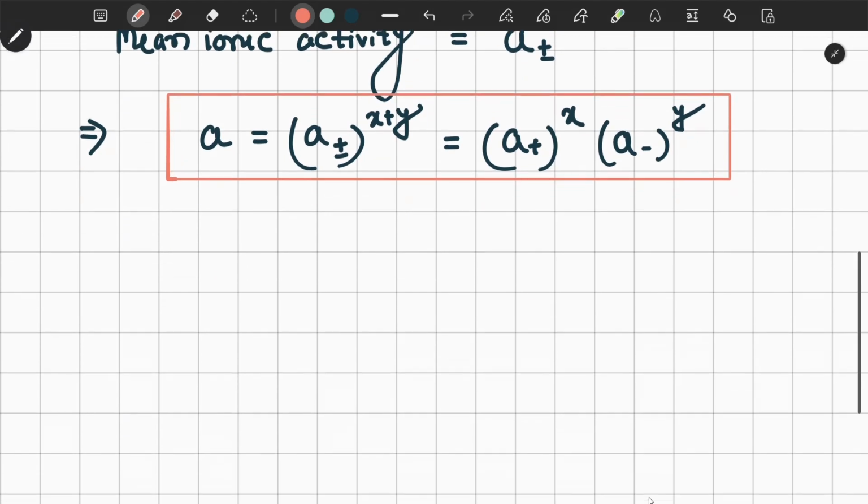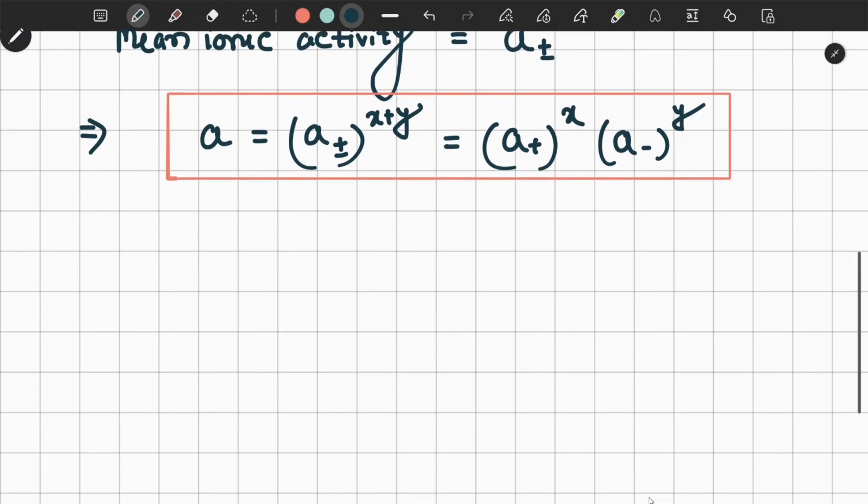Now, what is the definition of activity? Activity is eventually m times gamma. You can say this is proportional to concentration, which may be in terms of molarity, normality, any concentration, with a proportionality constant. If it is molality, then we write gamma. All this we discussed in the last class in detail. I am just summarizing. So A plus should be gamma plus times the concentration of the cation, that is M plus.